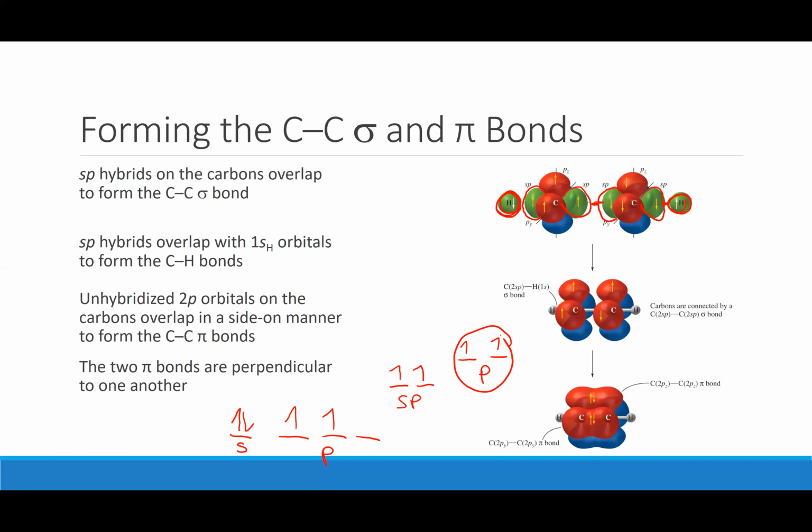So each of those p orbitals has an electron in it. And you can see this is what the p orbitals look like when we take away the hybrid orbitals. Again, one is in this direction here, and the other is coming in and out of the paper. And they form 2 pi bonds.